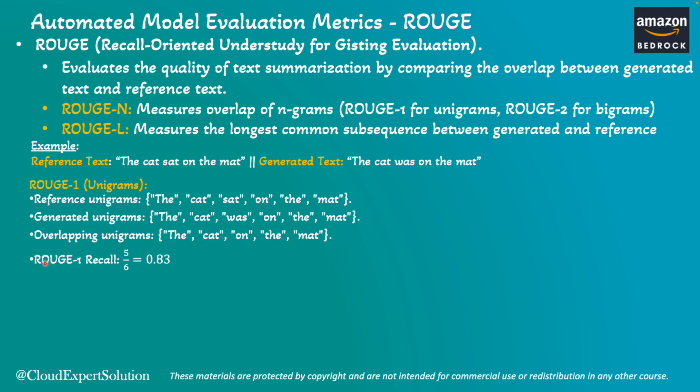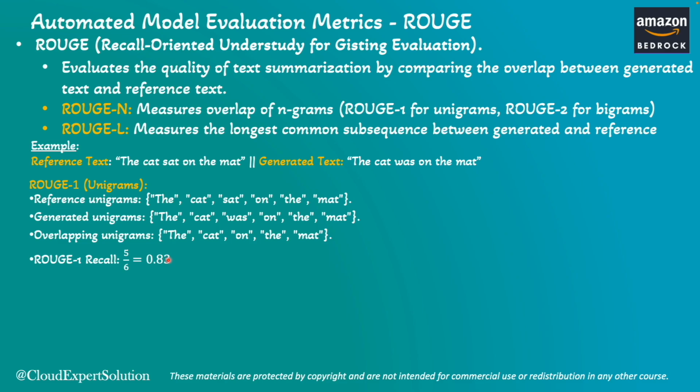Now the ROUGE-1 recall will be overlapping unigrams over the total number of unigrams. Here we have overlapping unigrams as 5: 1, 2, 3, 4, 5. And in the reference, we have a total of 6 unigrams: the, cat, sat, on, the, mat. That is why the ROUGE-1 recall will be 5 over 6, which is 0.83.